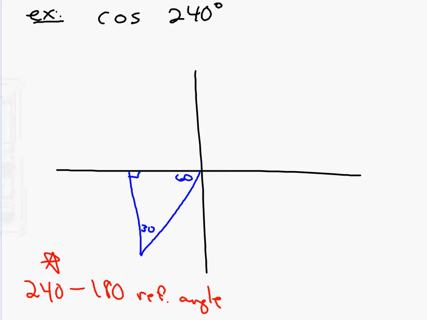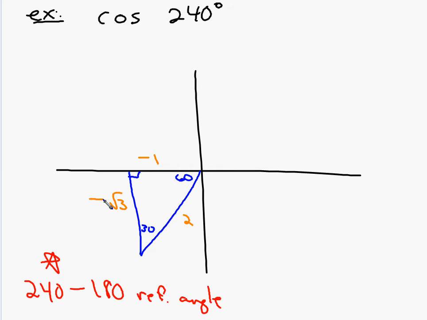And I believe we learned that this is 1, 2, radical 3, like that. You always start opposite the side of the 30-degree angle, but I need to put in my negatives here, don't I? This is negative, this is negative.